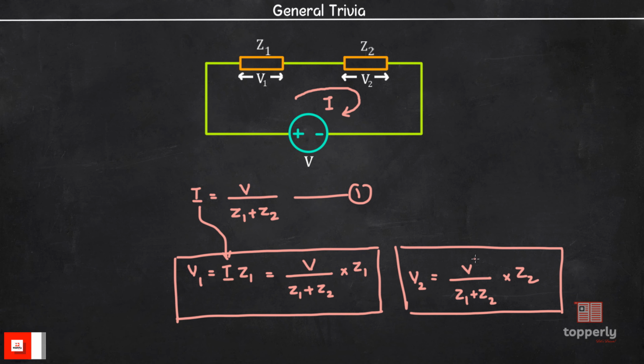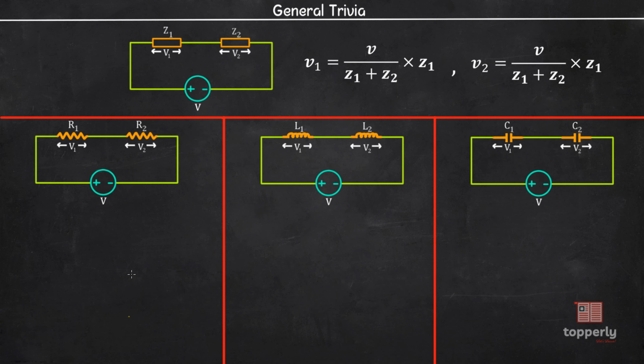An important thing to note here is that this V is the supply voltage V of the circuit. Okay. So this is how voltage division rule comes into the picture. Now if Z1 and Z2 are purely resistive, that is Z1 is equal to R1 and Z2 is equal to R2, then using this equation we have V1 is equal to V by R1 plus R2, because Z1 is equal to R1 and Z2 is equal to R2, into R1.